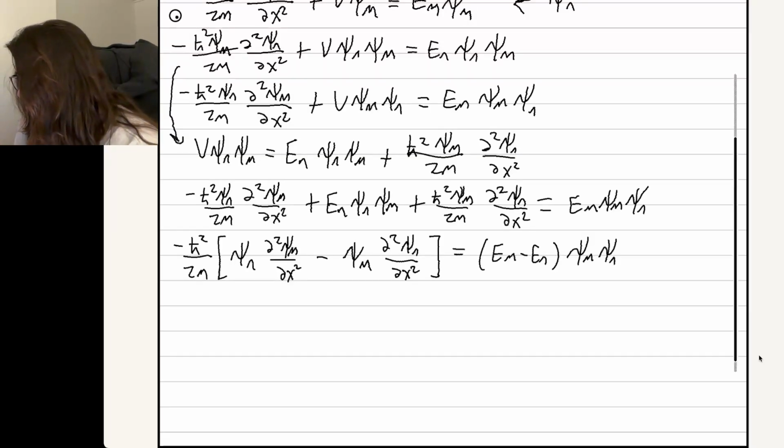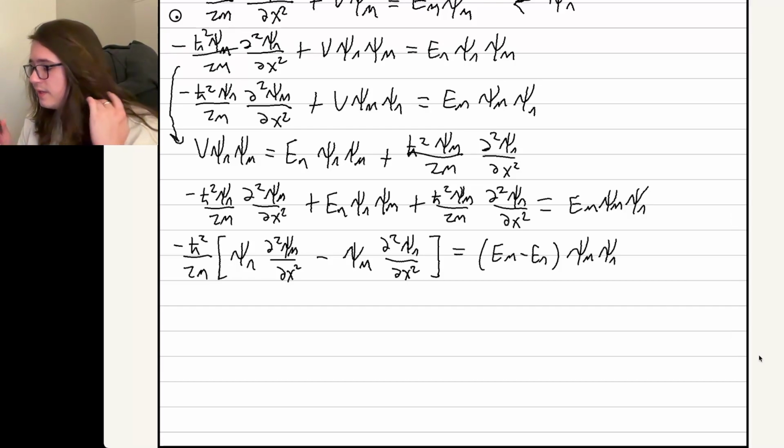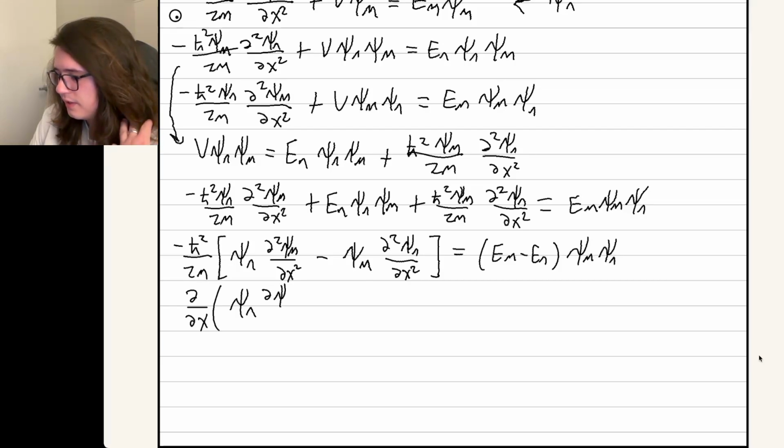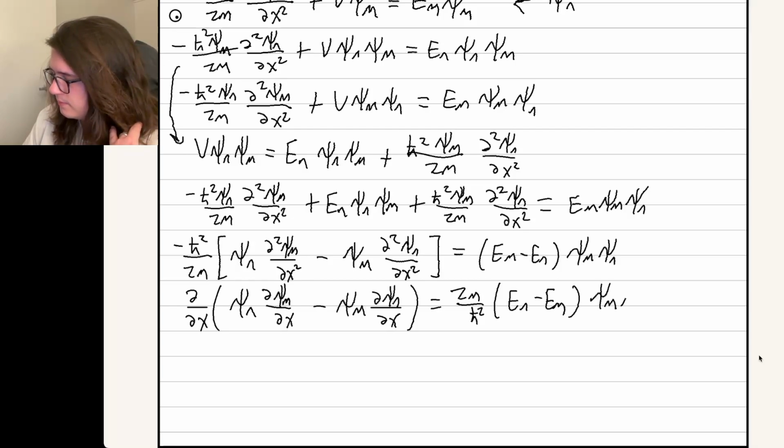We move the minus h bar squared over 2m to the other side of the equation and realize that the stuff in the brackets is just an invocation of the product rule for derivatives of this particular function, psi n del psi m del x minus psi m del psi n del x. And then this is now looking like 2m over h bar squared, En minus Em, psi m psi n.